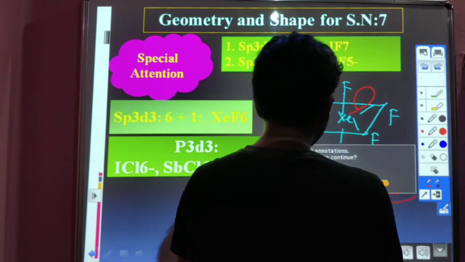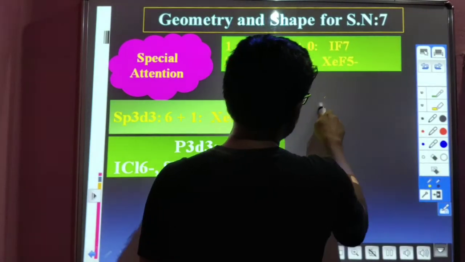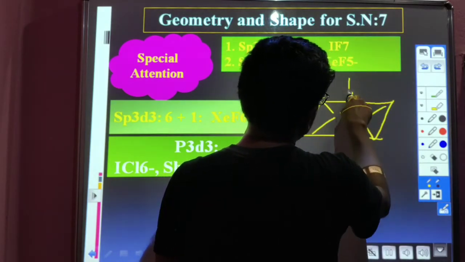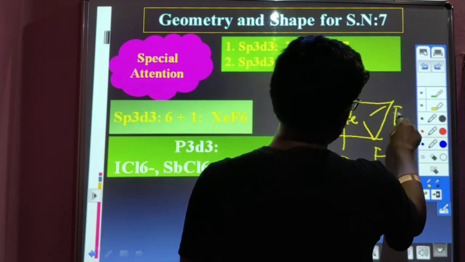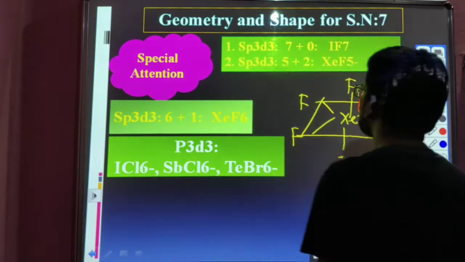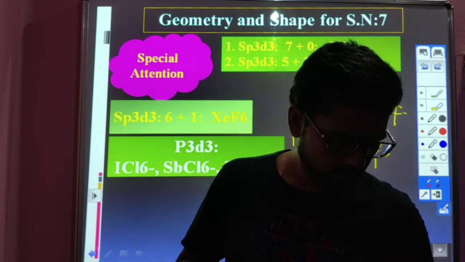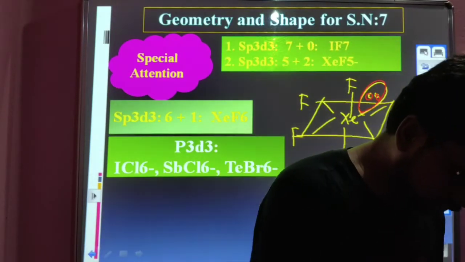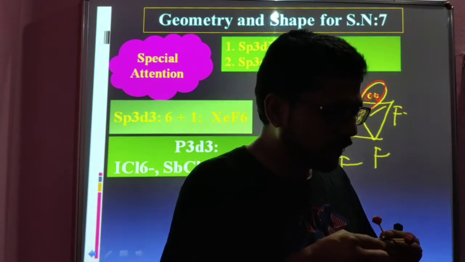Okay, what will we say? If there is one lone pair of electron, I am showing it only here. If a lone pair of electron is present, then what will happen?